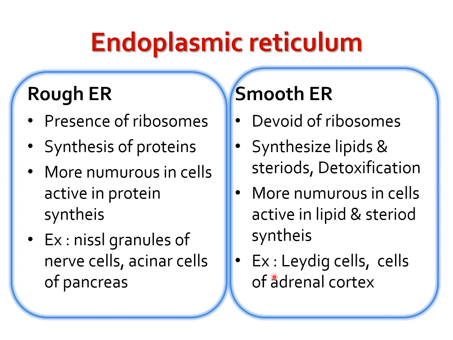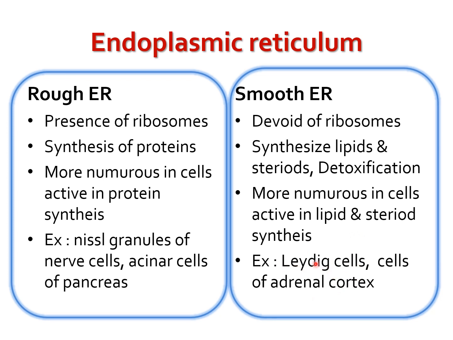Smooth endoplasmic reticulum is present in cells which are involved in steroid or lipid synthesis. Leydig cells are present in the testis. In males, the testis has two different types of cells, Leydig cells and Sertoli cells. Leydig cells are involved in the production of testosterone, which is a sex hormone, a steroidal hormone derived mainly from cholesterol.